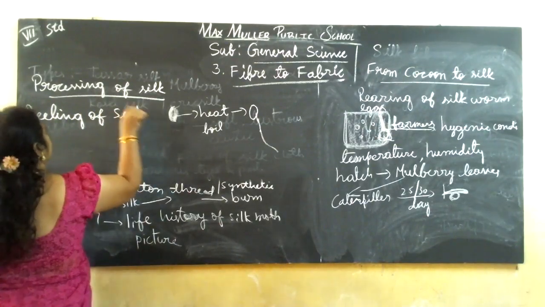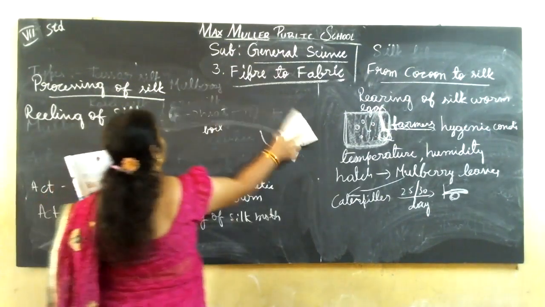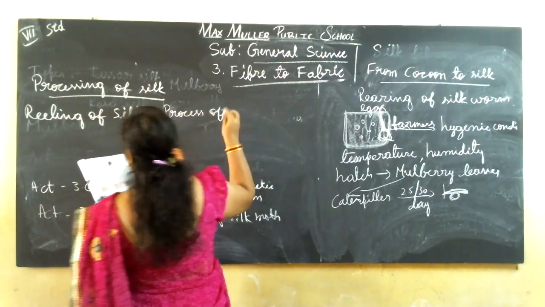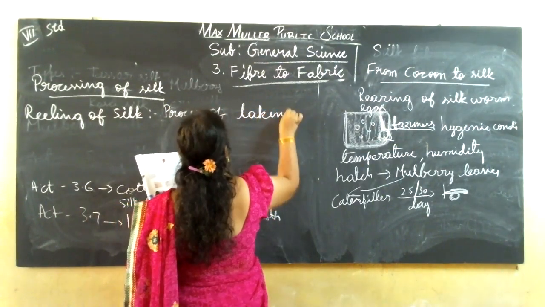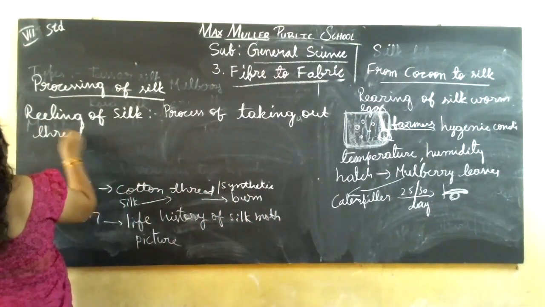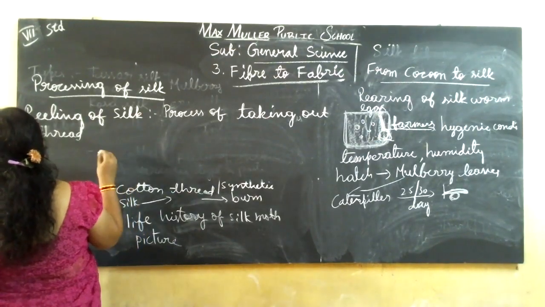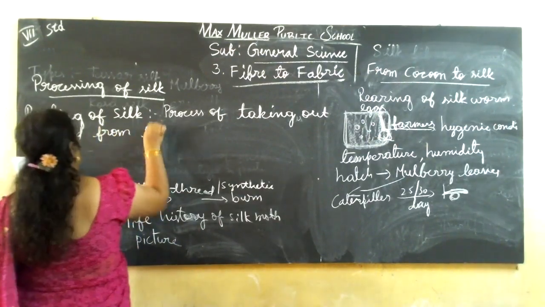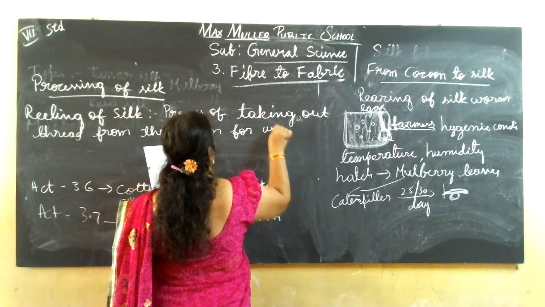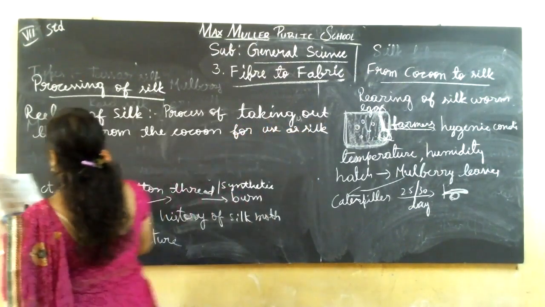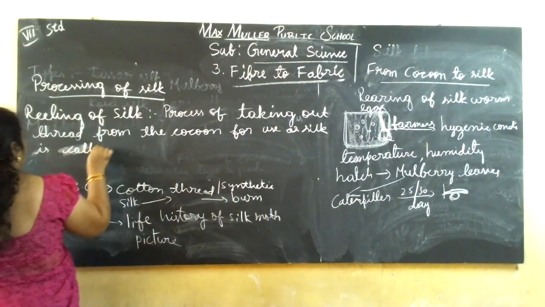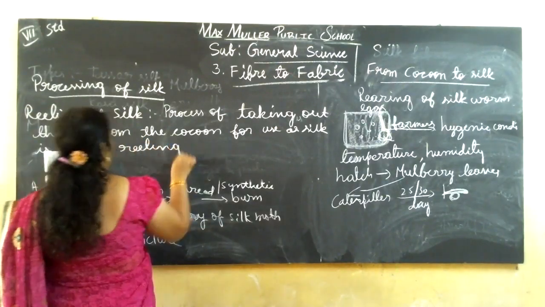Reeling of silk, it's a process of taking out thread from the cocoon for use as silk is called the reeling of silk.